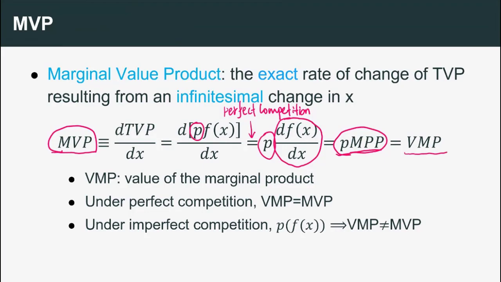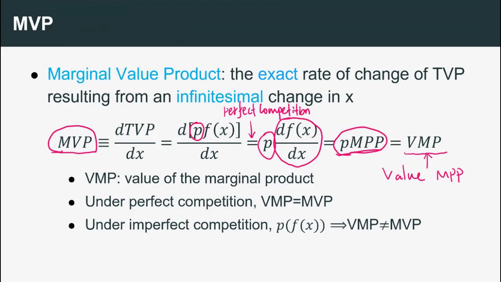So you're taking the marginal of the TVP, which is already a total value. However, here, VMP, it is the value of the marginal product. So pay attention to the order of value and marginal here. So if it's value of MPP, then it's P times MPP.